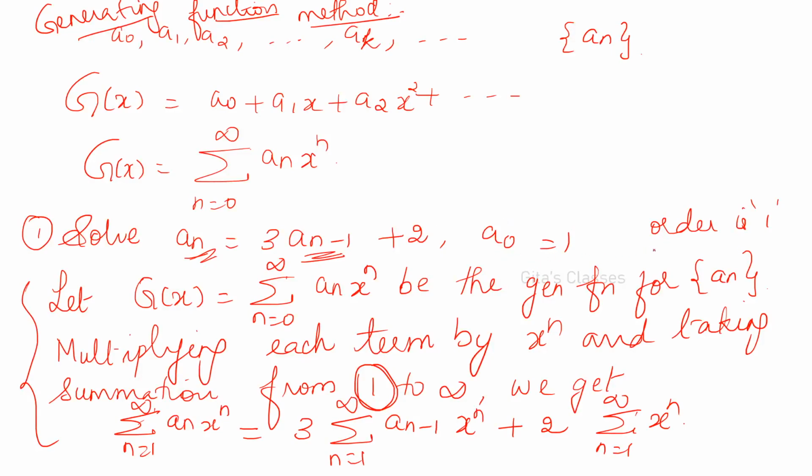So order is 1. Therefore you have to consider from 1 to infinity. If the order is 2, from 2 to infinity. If the given equation is of the form an plus 2, then something into an plus 1 plus some function into an is equal to f of n, then you have to take it from 0 to infinity.